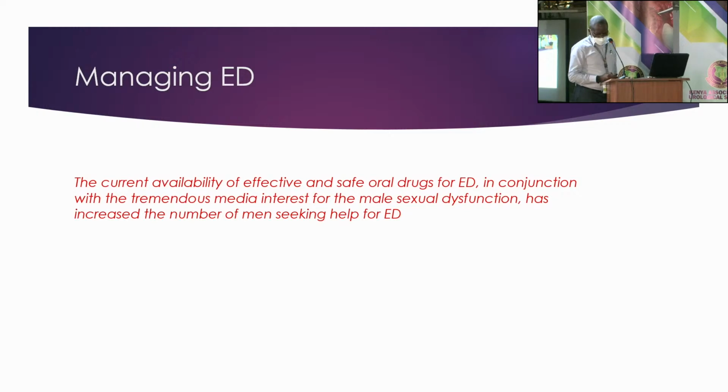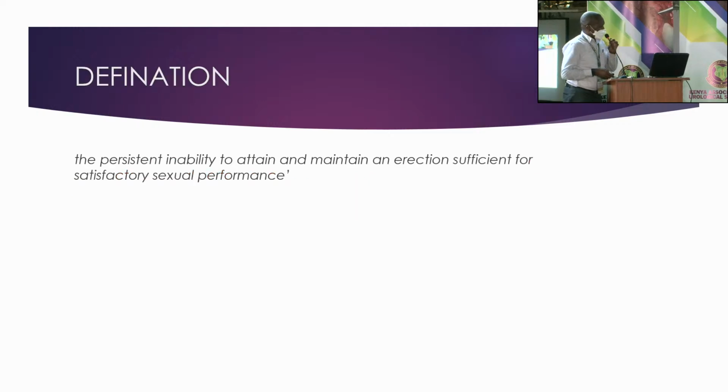We know that the current availability of safe oral drugs, in conjunction with the tremendous media interest in male sexual dysfunction, has increased the number of men seeking help or treatment for ED.